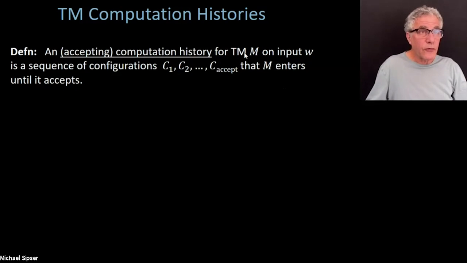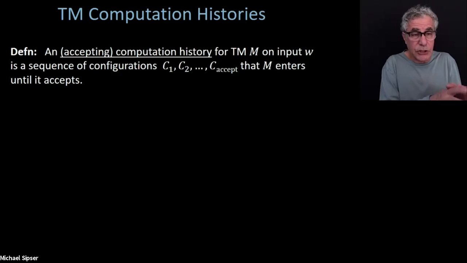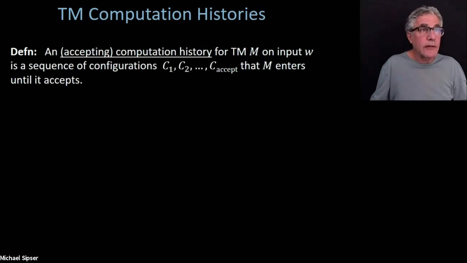A computation history for a Turing machine M on an input W is just the sequence of configurations you go through when you start the machine at the beginning with W on the tape, the head at the beginning in position 1, and the state in Q0, or whatever the start state of the machine is. So that's going to be the starting configuration here, and these are the sequence of configurations that the machine goes through step by step.